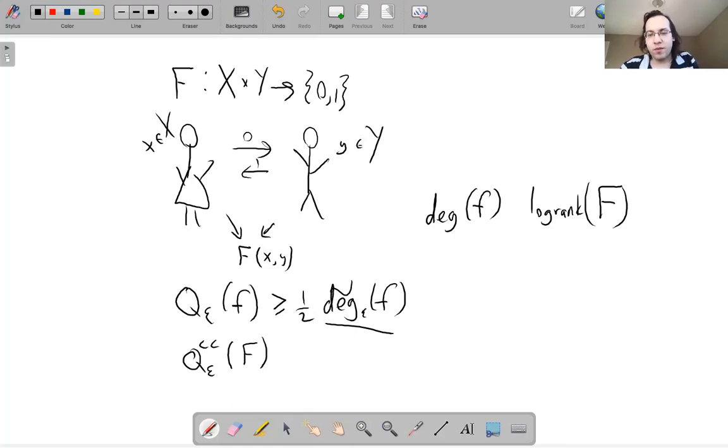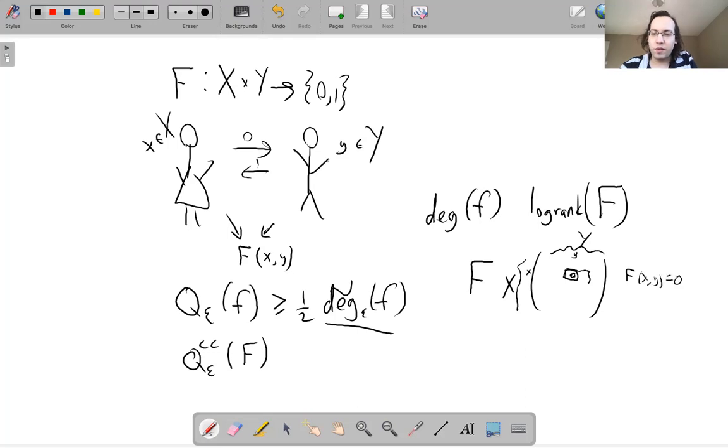Okay, so let's just review what logrank is. Remember that we can represent f as a matrix where the rows are indexed by the set X and the columns are indexed by the set Y. At position little x, little y, at row x and column y, we will have 0 if f of x,y equals 0, and otherwise we will have 1.